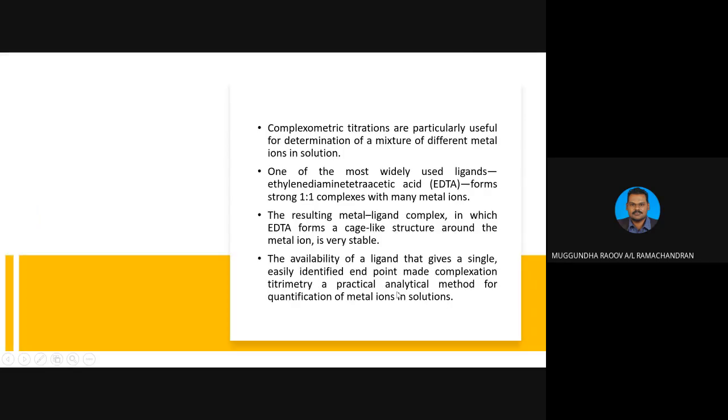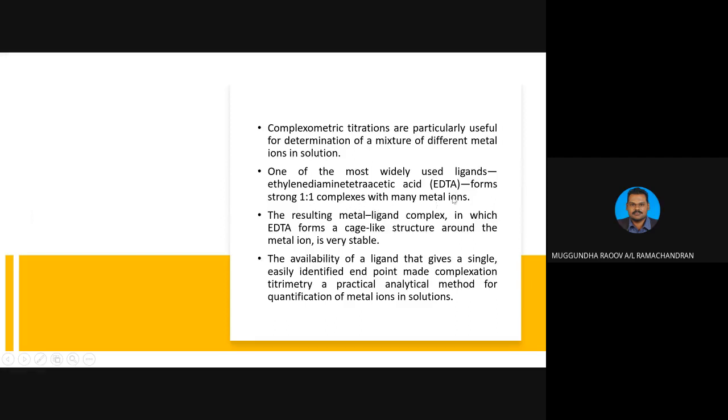So class, basically what is complexometry titration? Actually, complexometry titrations are useful for determination of a mixture of different types of metal ions in solution. Usually the most widely used ligand is ethylene diamine tetraacetic acid, which is EDTA, which forms one-to-one complexes with any metal ions.